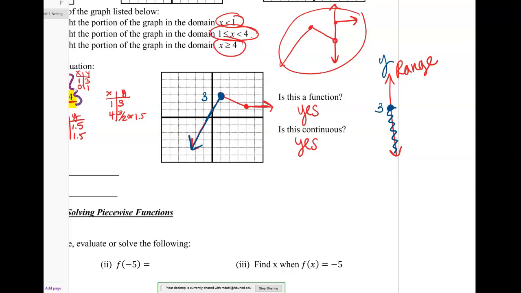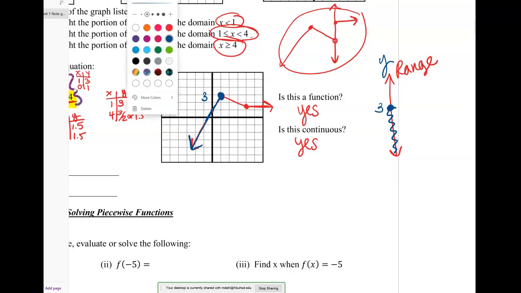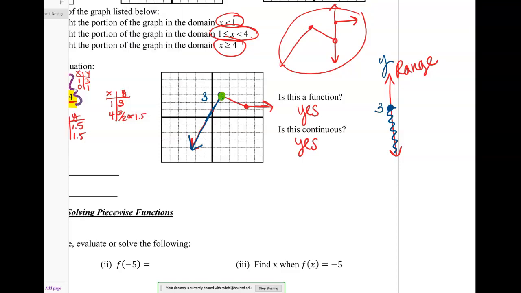Now I look at the second piece, okay? The second piece here goes from here to here. Remember, our goal is to think vertical. So this first point up here is still at 3. The other point here is at 1.5. So the segment that I've marked in green, its range is in between 3 and 1.5, and they're covered in the graph.